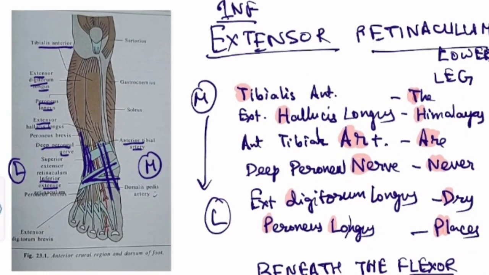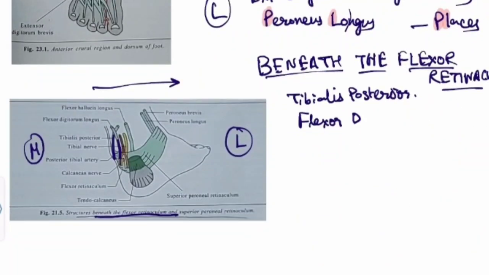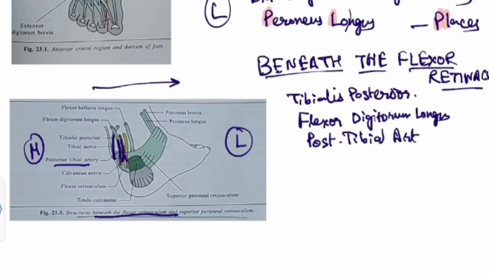Yes, flexor digitorum longus. Then we have an artery, the posterior tibial artery. Then we have a nerve, the tibial nerve. Finally, I have the flexor hallucis longus tendon.